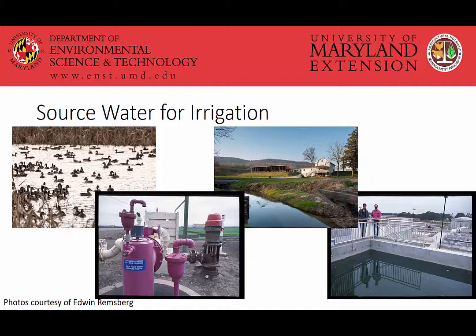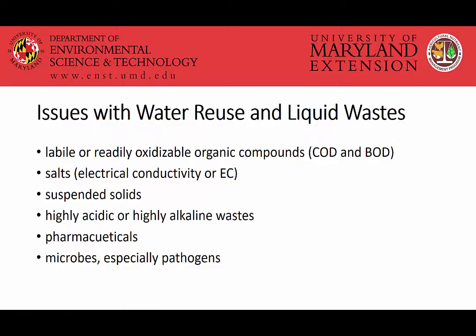And in case you've never been to one, this is a wastewater treatment plant. Can you think of anything in wastewater treatment plant effluent that you might not want on your crops or in your food? Oh, okay, and we're going to talk about one, okay? Okay, so there's a lot of characteristics that might guide us in using these things correctly. They're not routinely looked at to use something in a nutrient management plan.